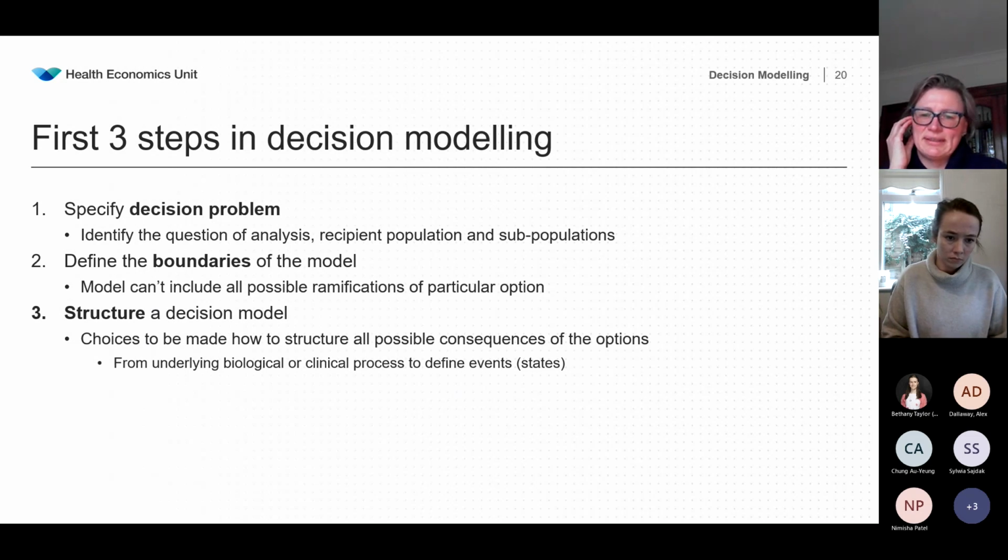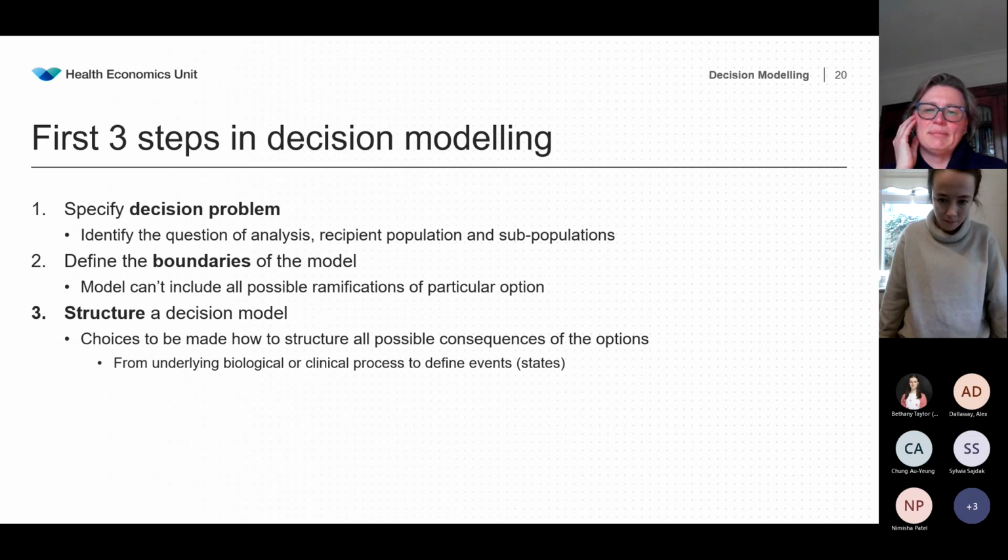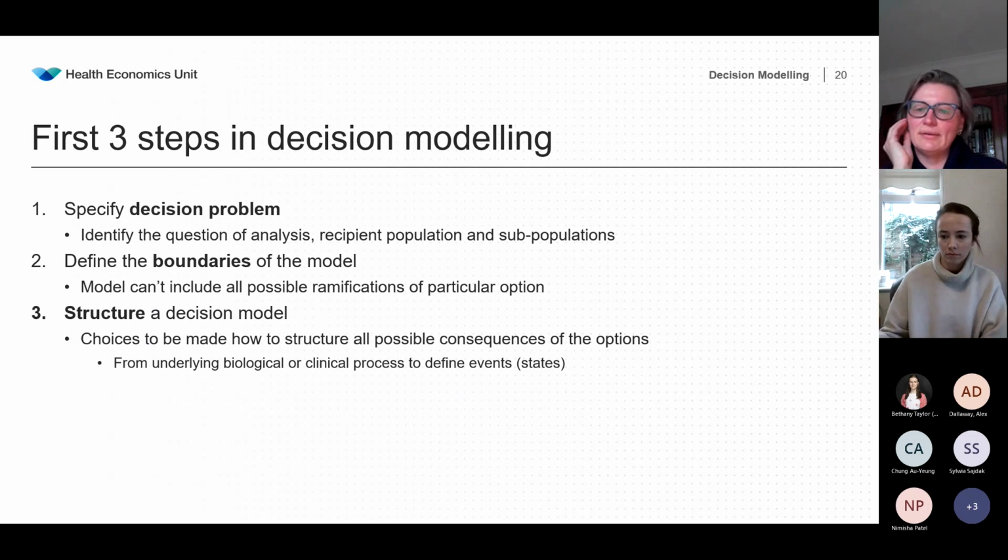So this will typically be relevant patients, but it can also include non-patients. For instance, if we're thinking about screening and prevention programs. And it requires specific details about the characteristics of individuals, but also setting, is it primary care, is it secondary care, is it both? So part of this definition really relates to who is making the relevant decision.